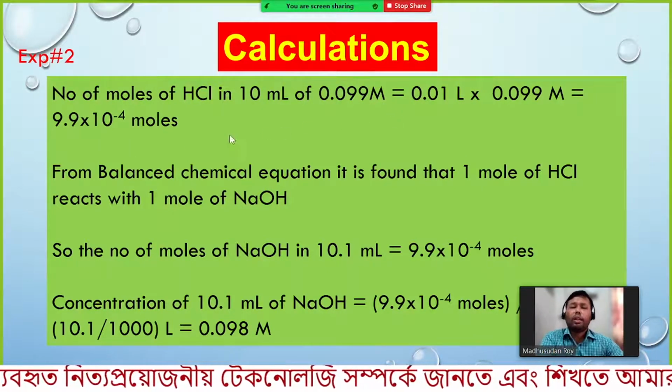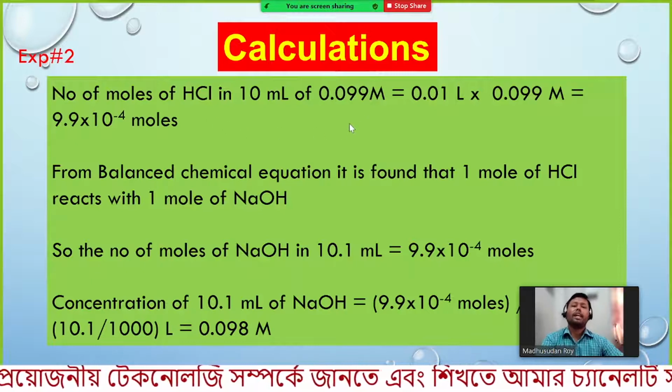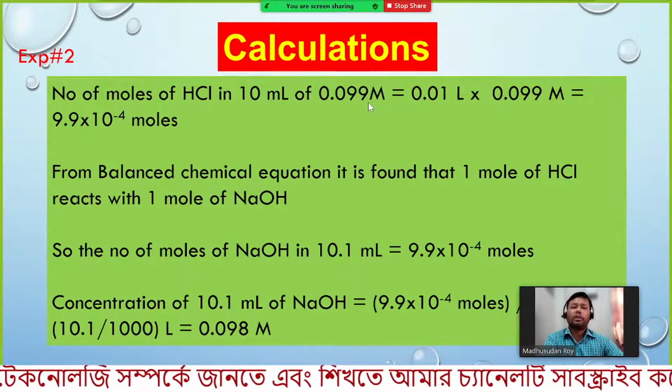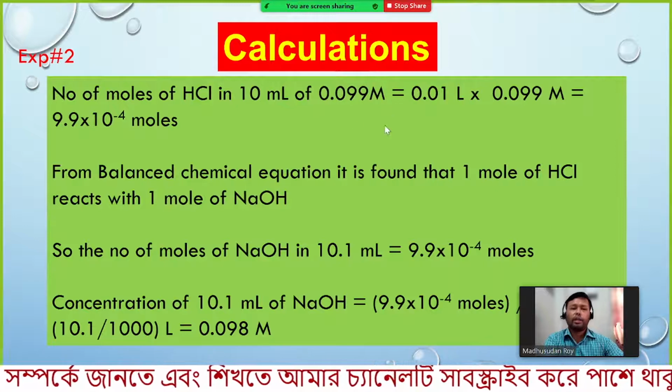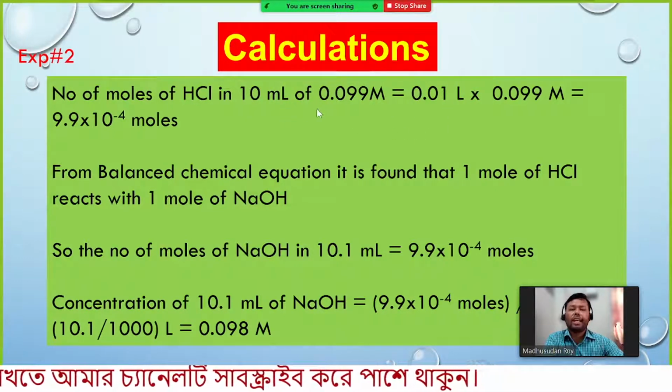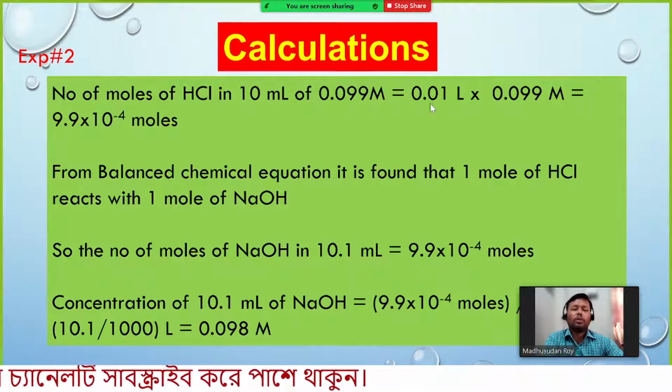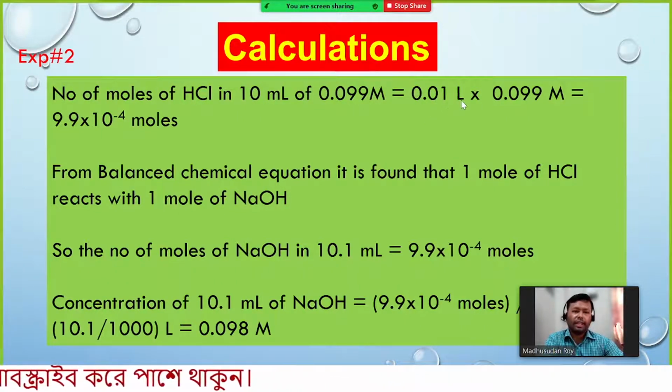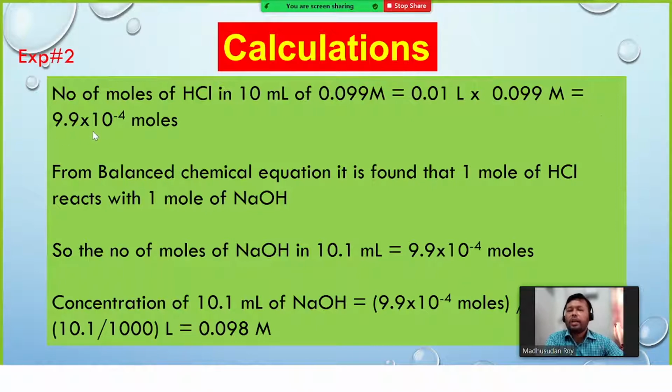And then what is the number of moles in 10 ml of 0.099 molar hydrochloric acid? 10 milliliter is equal to 0.01 liter, and 0.099 molar means 9.9 × 10^-4 moles.